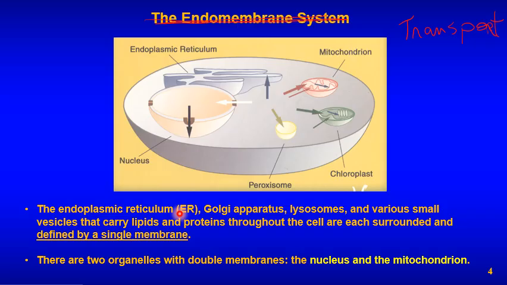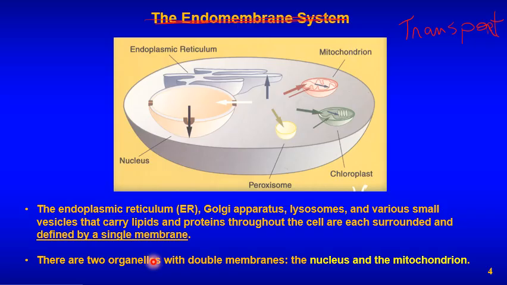So here, looking at membrane-enclosed organelles, what are they? Well, we have the nucleus, we have the ER and Golgi. We also have lysosomes and peroxisomes, mitochondria and chloroplasts. Those are all membrane-enclosed organelles. Okay.